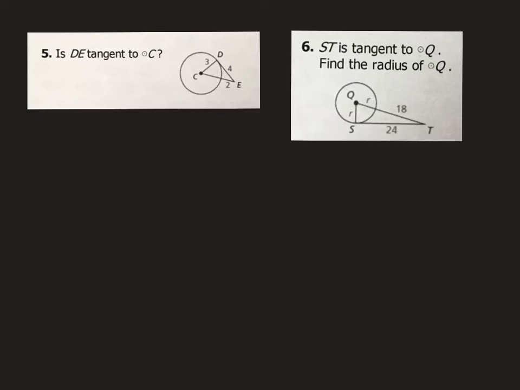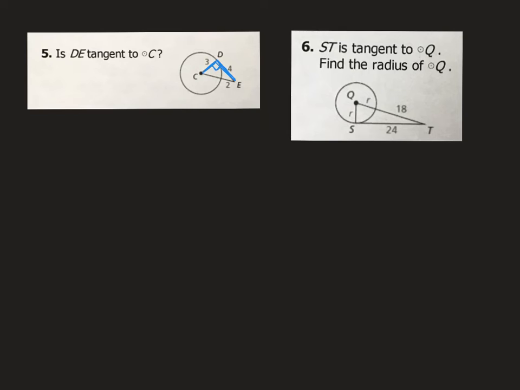Okay, so number 5 is: is DE tangent to circle C? So remember, lines are tangent if they only intersect at one point, and if you're not sure, the radius and that tangent line have to be perpendicular. It has to be a right angle. So in this case, we just have to figure out, is that a right triangle or not?